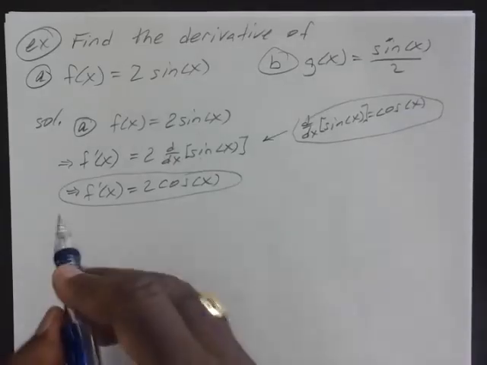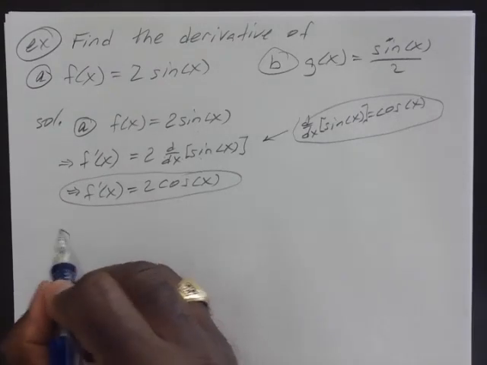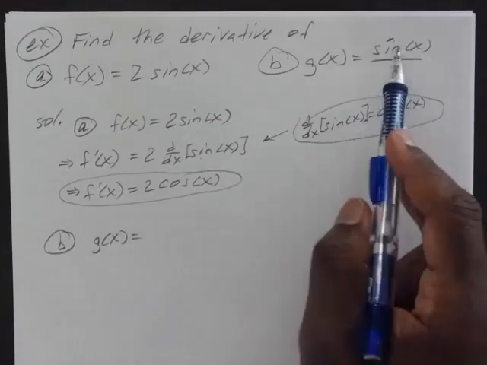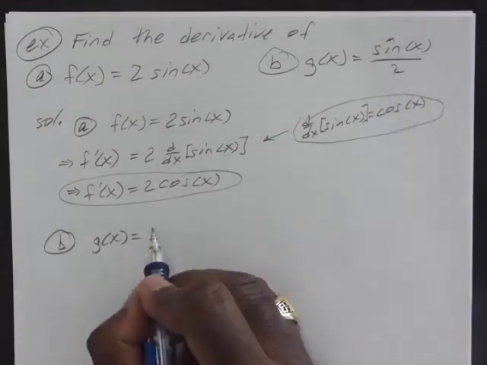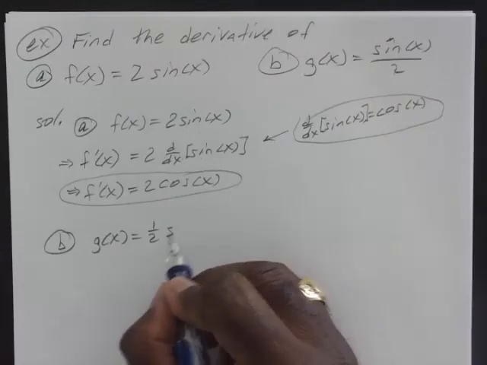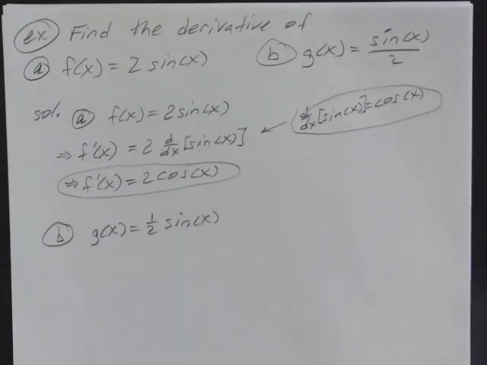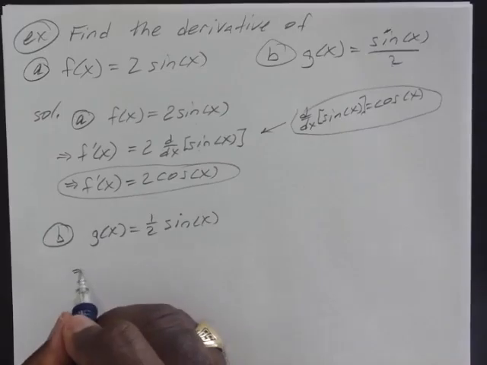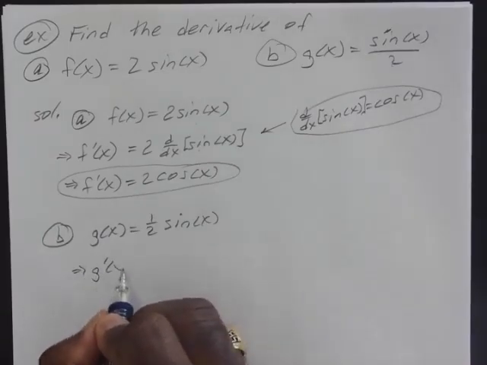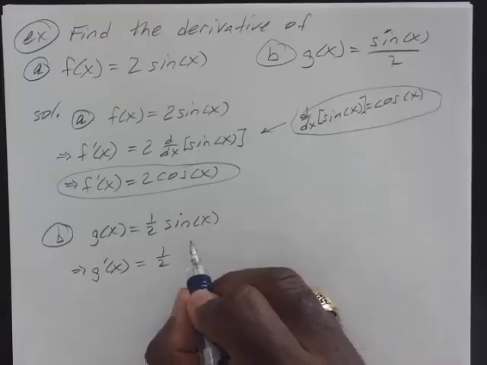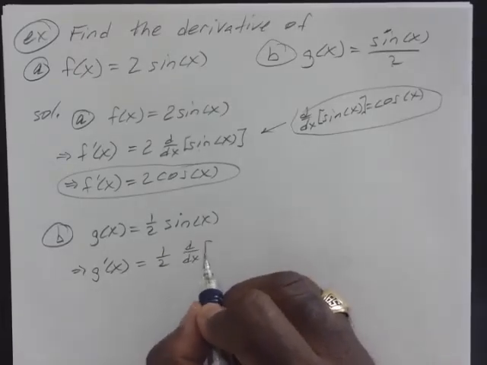And the same thing with B. We have g of x is equal to sine of x divided by 2. I'll just write that as 1/2 times sine of x. So that means if we wanted to find the derivative, that's just 1/2 times the derivative of sine of x.